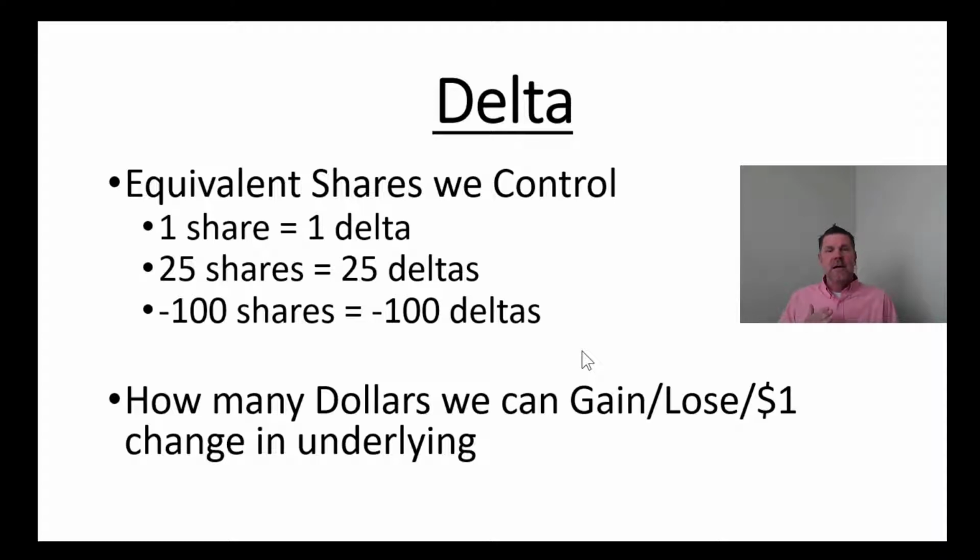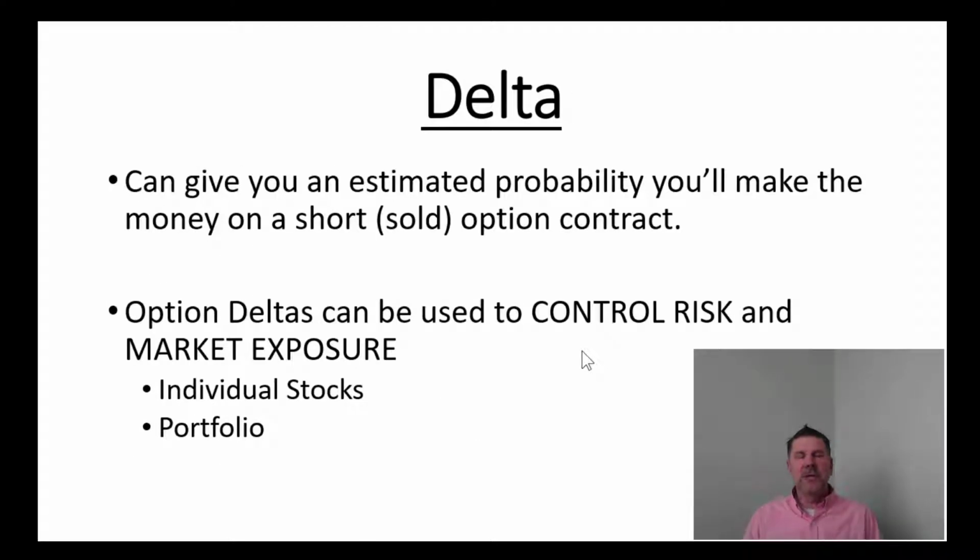Delta can also tell us how many dollars we might gain or lose given a $1 change in the underlying security. I'm going to show you how that works on the example in just a moment, but remember that: how many dollars we might gain or lose if the underlier moves up or down by $1. Delta can also give you an estimated probability that you'll be making money on a short or sold option contract.